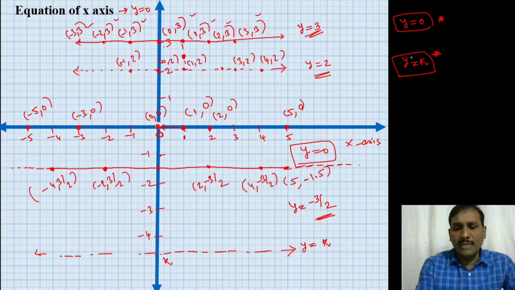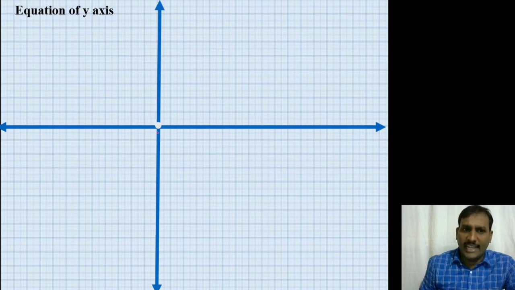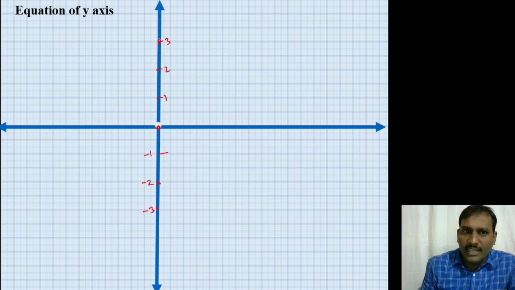Now similarly, let us take the equation of y-axis. Take this is 1, 2, 3, and minus 1, minus 2, minus 3. Now I want to take all the points on y-axis. What is it representing on x-axis? 0. And it is representing 3 on y-axis.